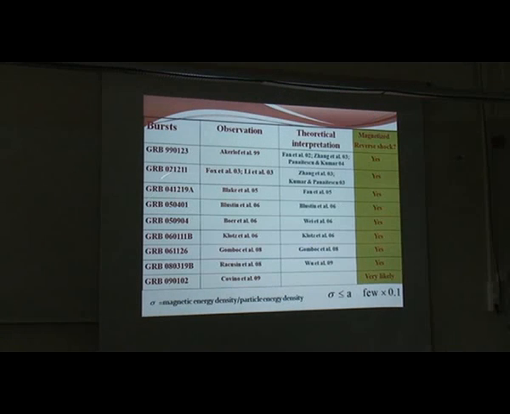Of course, the bright optical flashes are very rare. So far, just about 10 events have been reported. I guess in this post-Swift era, the Liverpool Telescope might get some really interesting results, but at this moment I don't know.